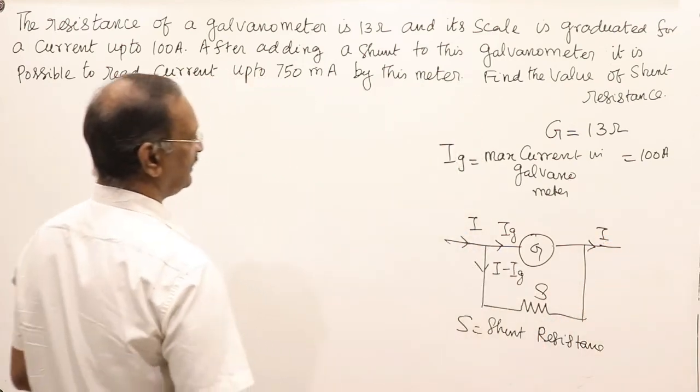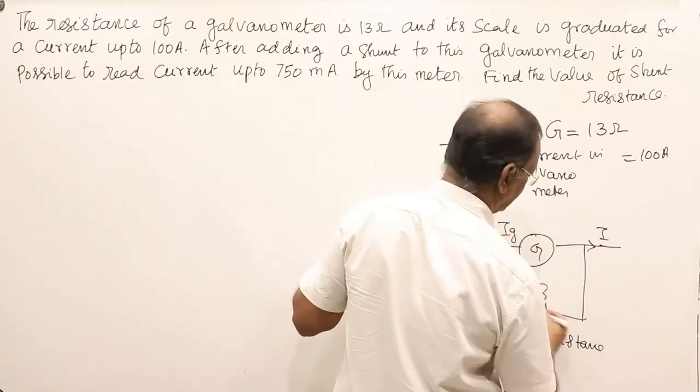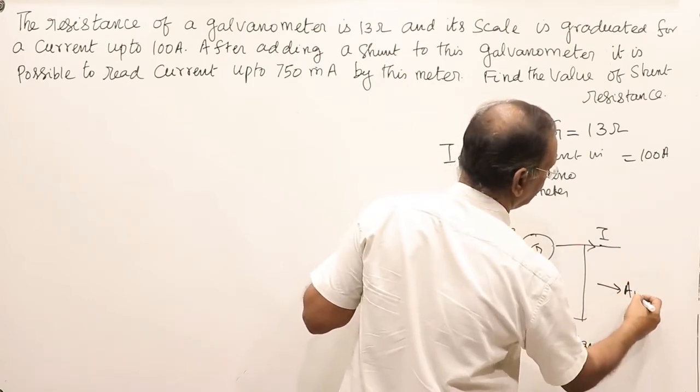If this is an arrangement of an ammeter, if the galvanometer is shunted, it means it is an ammeter.